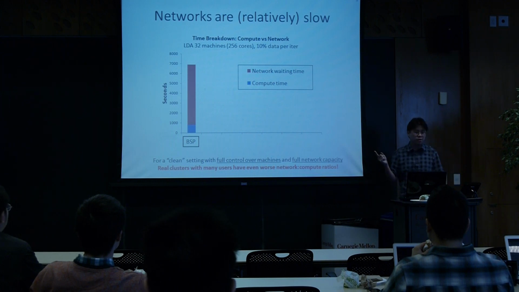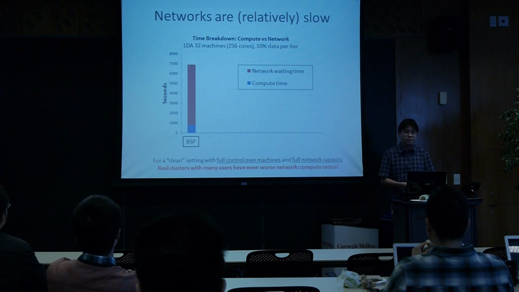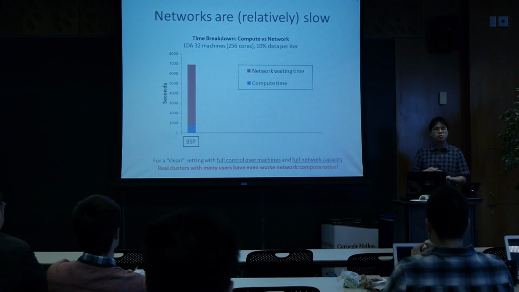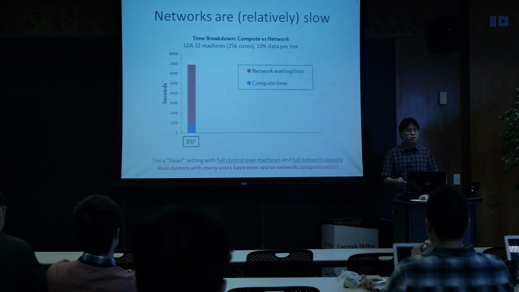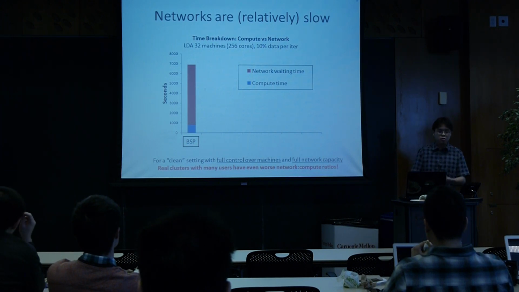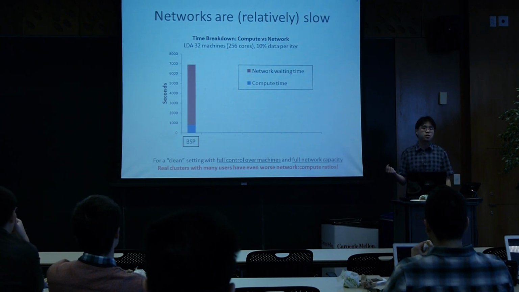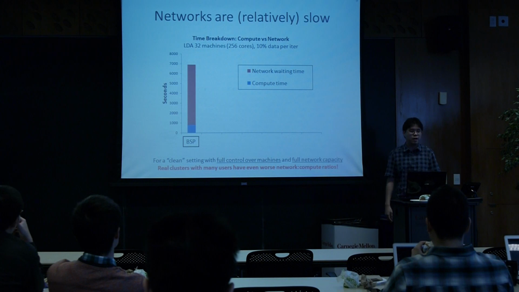It's about 6 times longer than the amount of time you spend doing useful computation. Why is that the case? It's because the machines do some work on some of the samples, they try to communicate the parameters, and find that the network becomes a bottleneck because of the high latency and also because of the low bandwidth. As a result, you find that most of your time is not spent in the critical parallel section, but simply waiting for messages to go around.